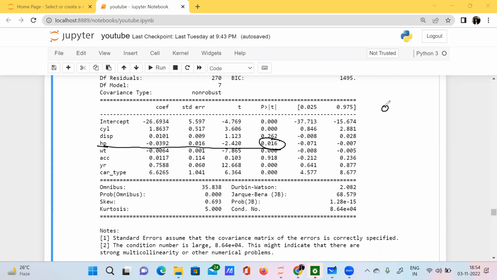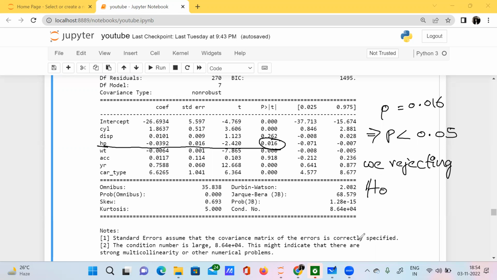So the p-value is equal to 0.016 here, and that implies the p-value is less than 0.05, right? Then we can say that we are rejecting the null hypothesis here. We're rejecting the null hypothesis. So just go back here again.